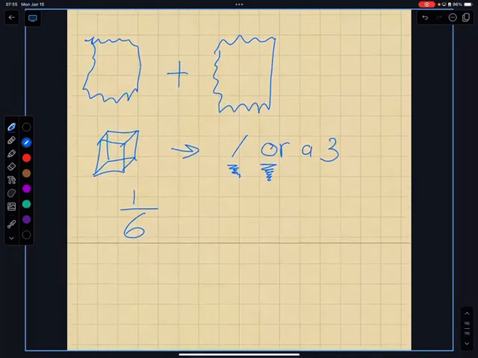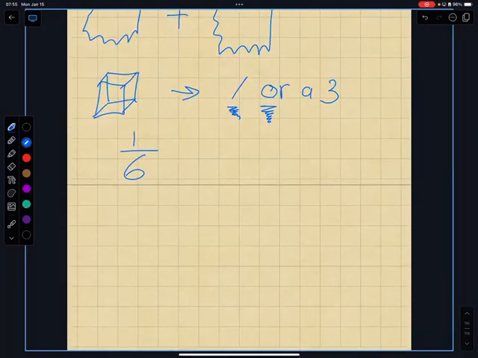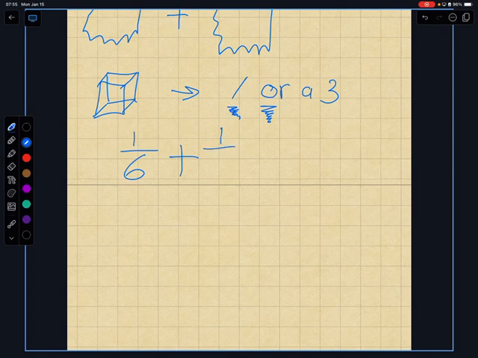All right. 1 or 3. What is the probability of me getting a 3? 1 over 6 as well, which is 2 over 6, which then in turn becomes 1 over 3. That's it.